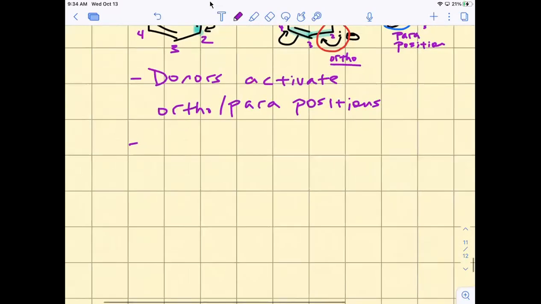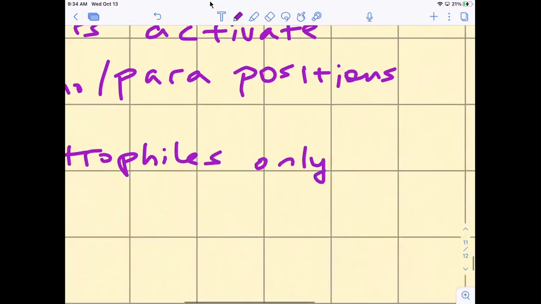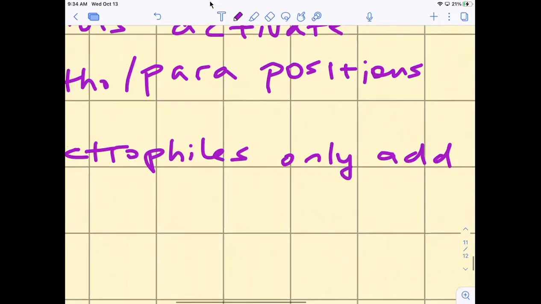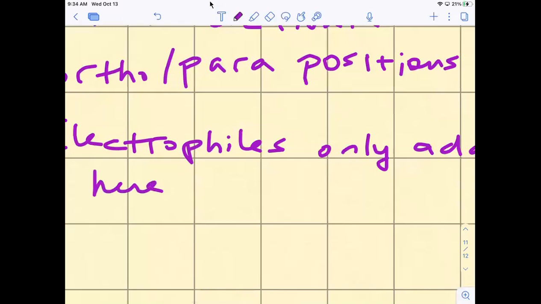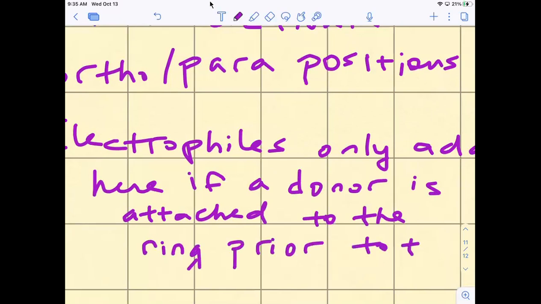So electrophiles will only add at those two positions prior to the reaction.